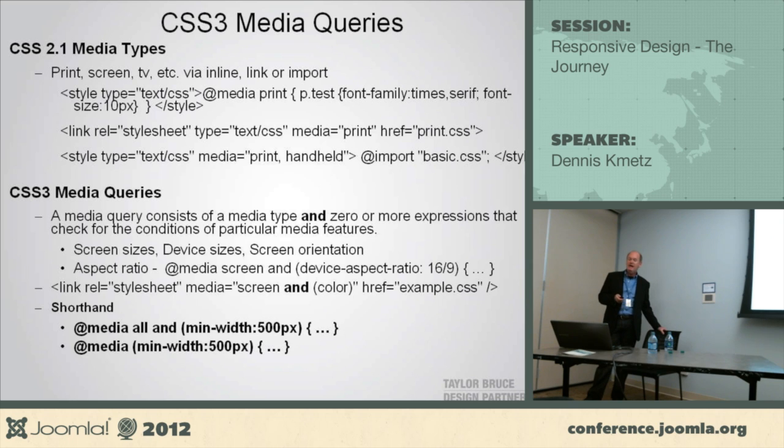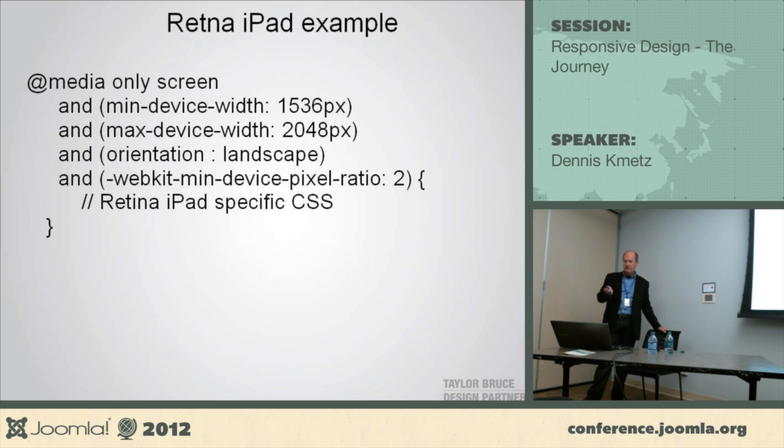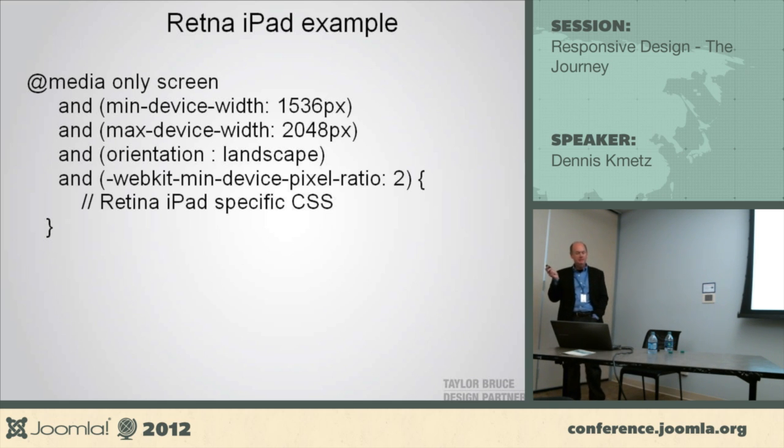So for an iPad, there's one sort of gotcha: a device pixel ratio of 2. Let me talk about that later on. But for a Retina iPad high definition, this is what you're looking at as far as determining it in a media query.